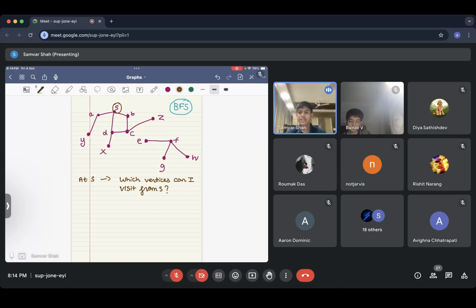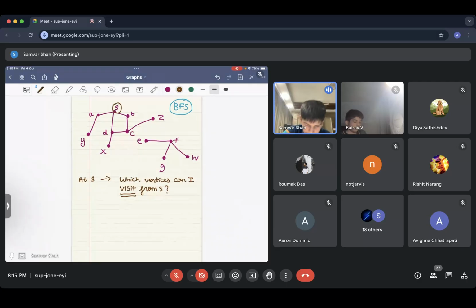So this might sound a bit vague, so I will define what the term visit means. What I mean by visit is if you follow any set of edges, you will begin at some vertex and you will end at some vertex and you will cross a set of vertices. So each of these vertices which you reached are the vertices that you visited.